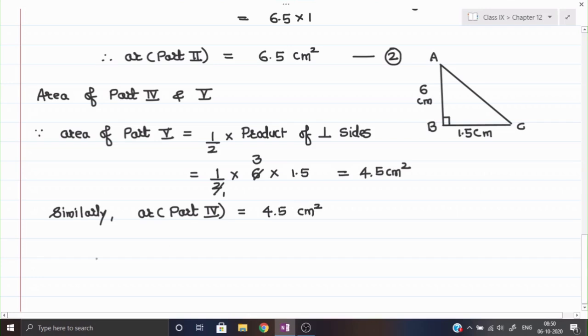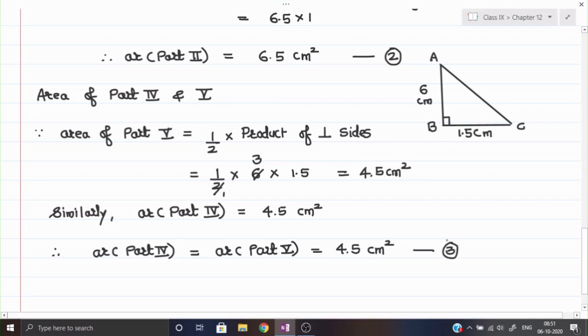Okay, so we can write down the combined statement. Therefore area of part 4 as well as part 5 is equal to 4.5 centimeter square. So now see, easily we found the area of 4 parts, first, second, fourth and fifth.